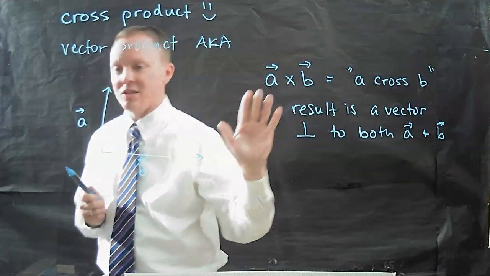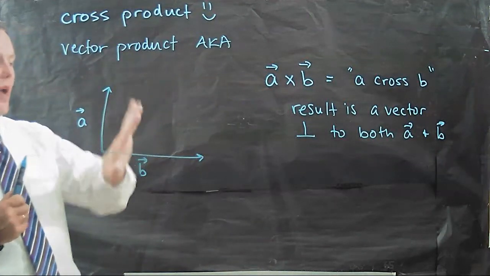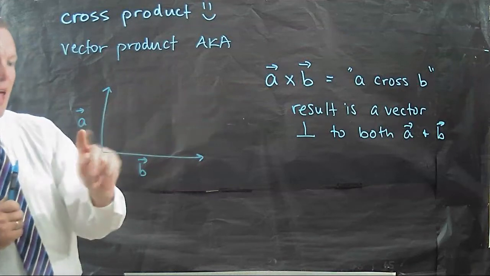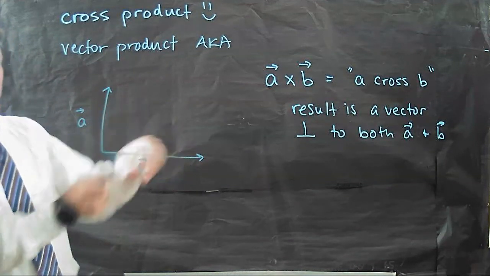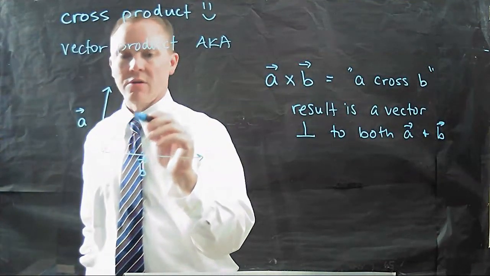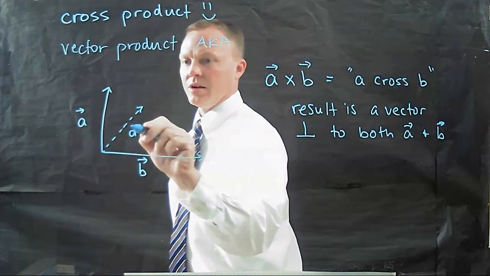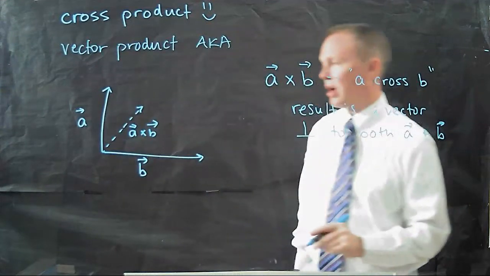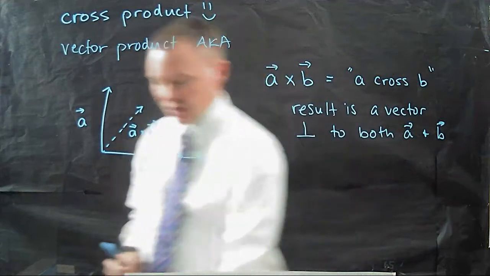You take your right hand and you wrap your fingers from A to B, and then my thumb is now pointing in the direction of A cross B. So it's going to point towards you. So A cross B would point towards you, okay? And then I'm gonna make that not dotted. I'm gonna make it a solid color.